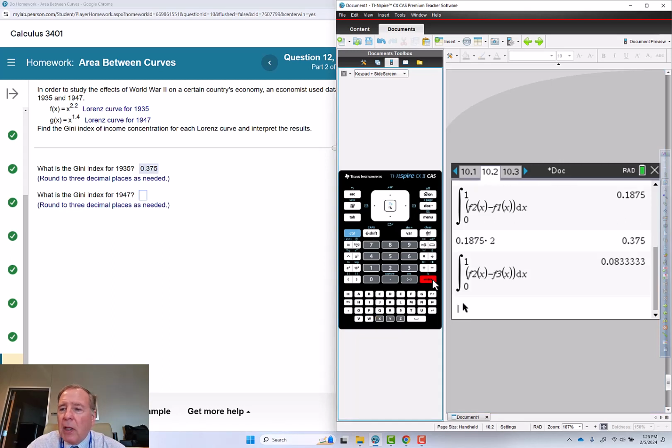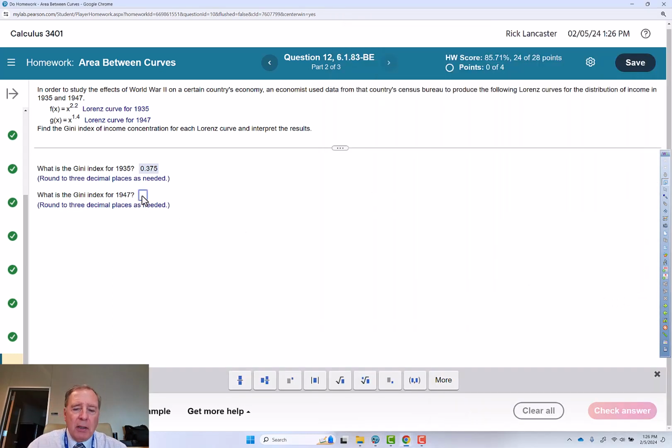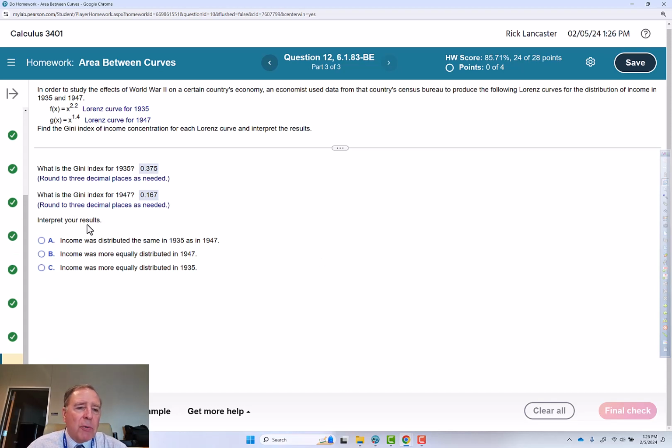Then we're going to multiply by 2. So 0.167. So the closer to 0 we get, the more equitable the income distribution is. Check answer. Excellent.